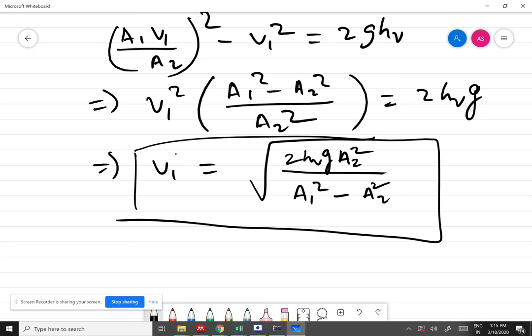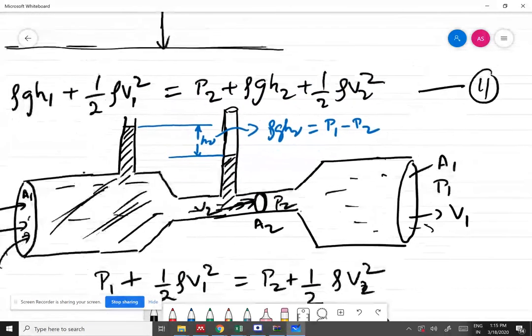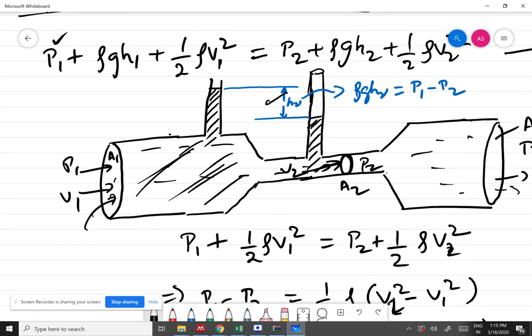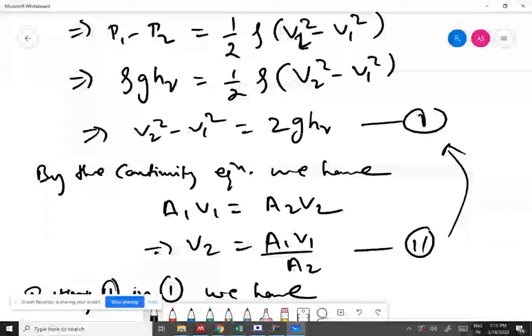To find this velocity, what all do we need? We need the height difference, which can be visually seen. Once the flow starts in the tube, we can visually see this difference in the height. If it is a fluid, you can clearly see this difference.